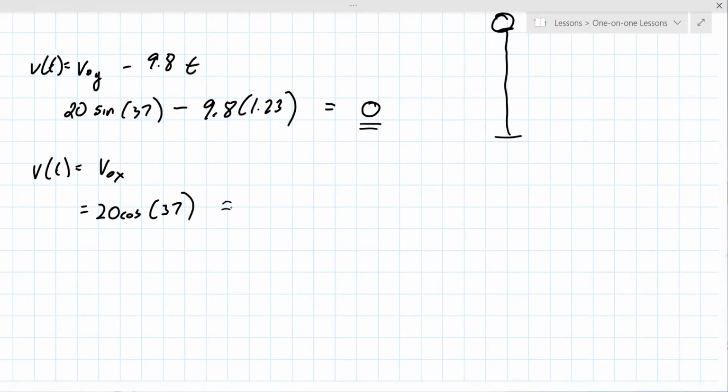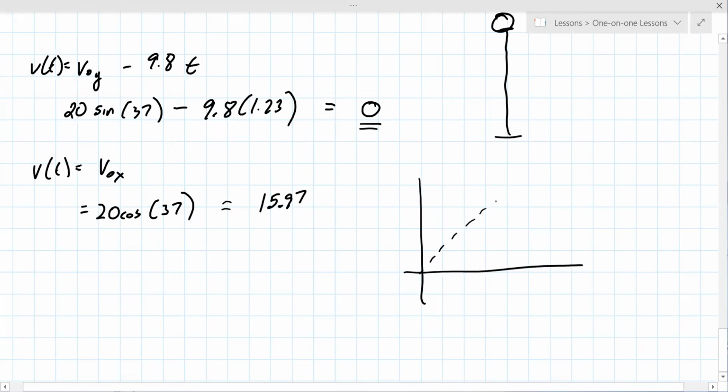So for v of x we get 20 cosine 37, which I'll calculate: that's 15.97. But that's the same as its initial velocity. So no matter where the projectile is, whether going up or coming back down, its velocity in the x direction is always the same.